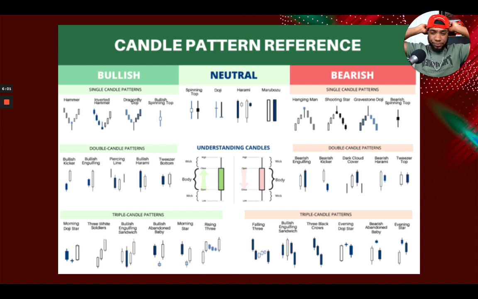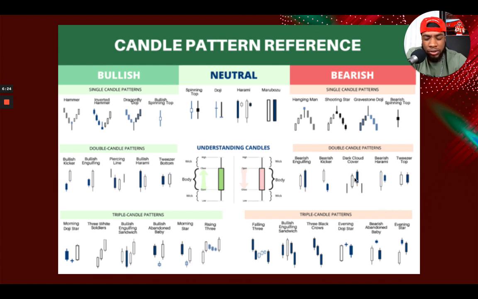But also you have some hanging man, which is really just the opposite of the hammer, shooting star, gravestone doji, bearish spinning top, bearish engulfing. When it comes to double candlestick patterns, you have the bearish engulfing, really powerful candlestick pattern. Tweezer top, really powerful.